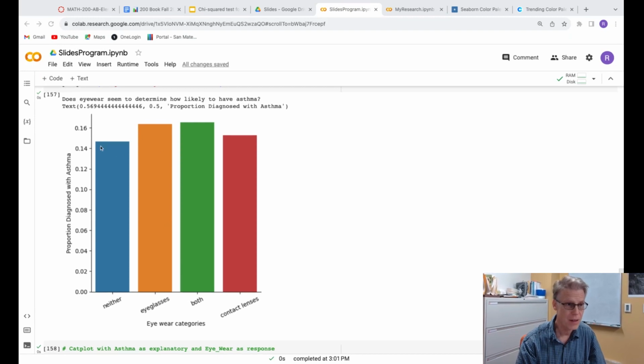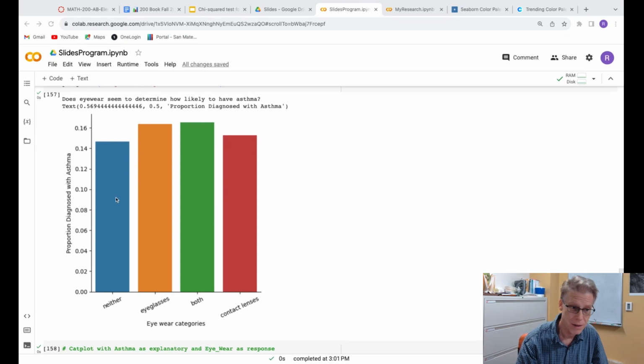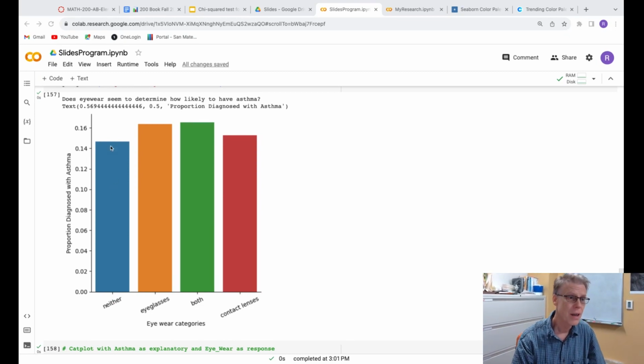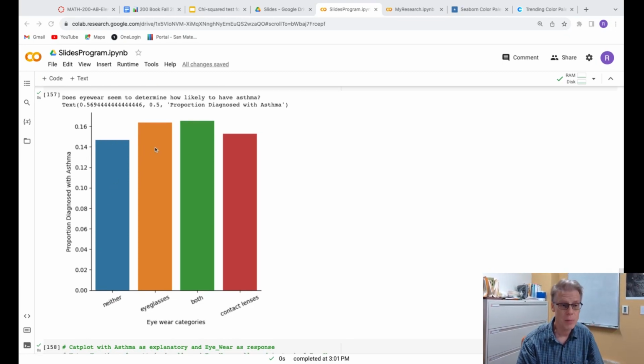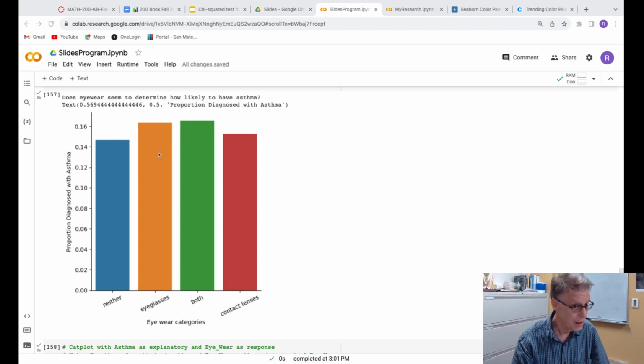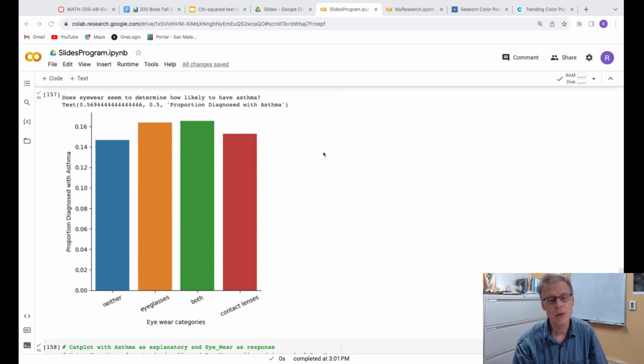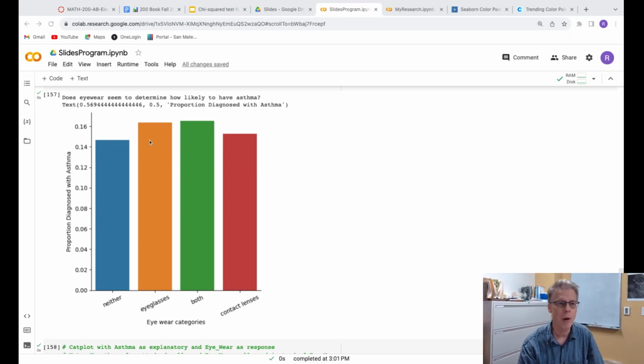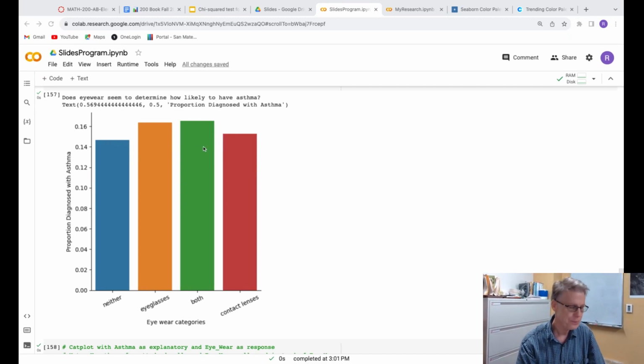When we did, we were looking at the proportion of the folks who don't wear eyeglasses or contacts at all who have asthma, and the proportion of people who wear eyeglasses who have asthma. It looks like there's a little bit of a difference in these proportions. If there was an association between these variables, we would expect a difference. And if there's no association at all, we would expect all these bars to be straight across.